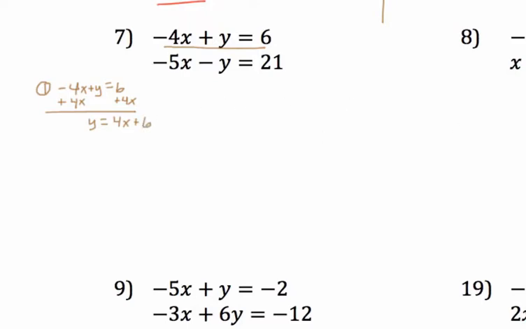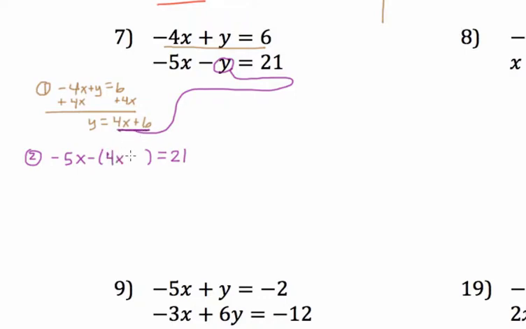Step 2, the substitution step. Take the stuff that you know y is equal to and sub it into your other equation for the y. Don't forget your parentheses here. We're going to have to distribute that negative. So now put the y stuff in instead of the y. You've combined your equations.